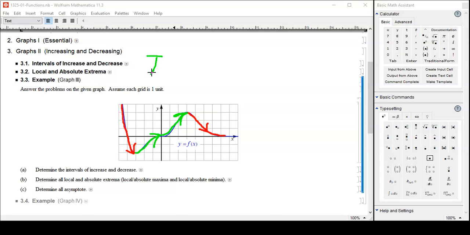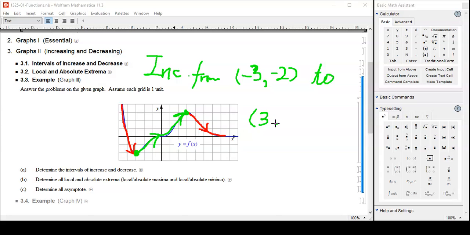Say, for example, can you say this increases from this point, -3 comma 2, to this point here, 3 comma 3?